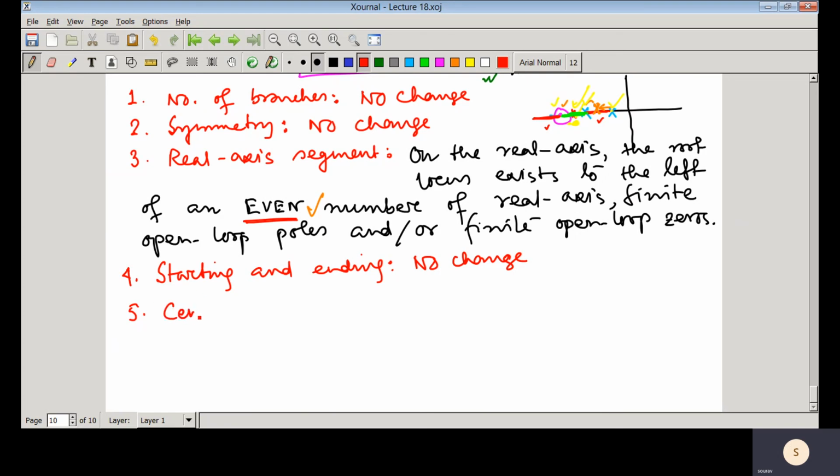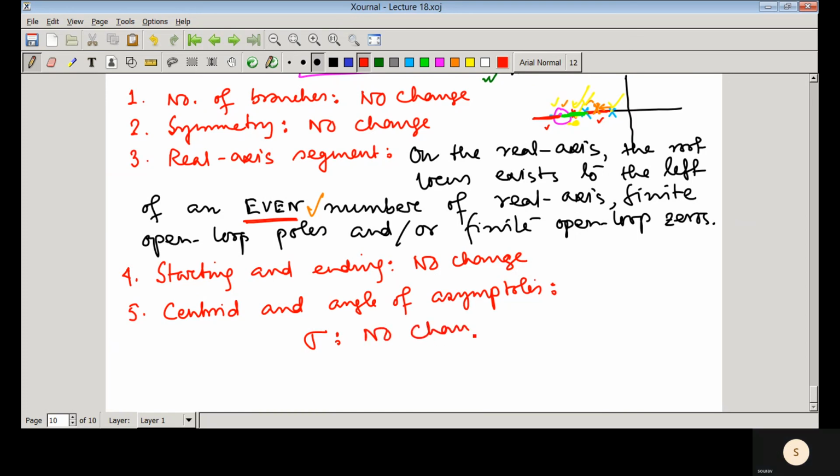So centroid and angle of asymptotes. For finding centroid, no change. The formula remains the same. But what would be that theta?